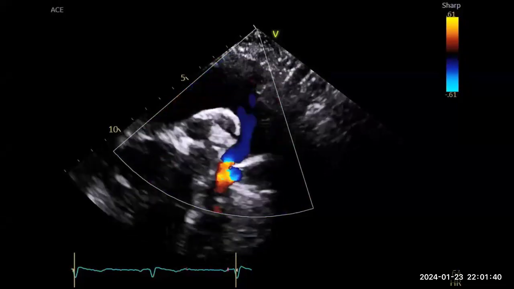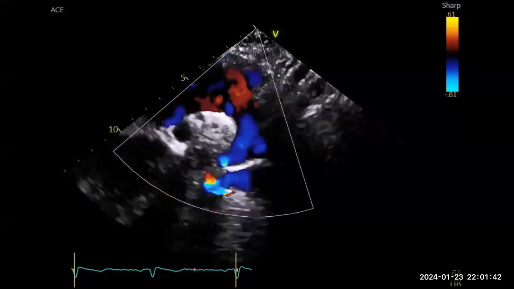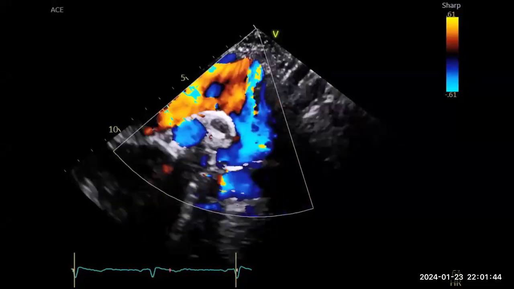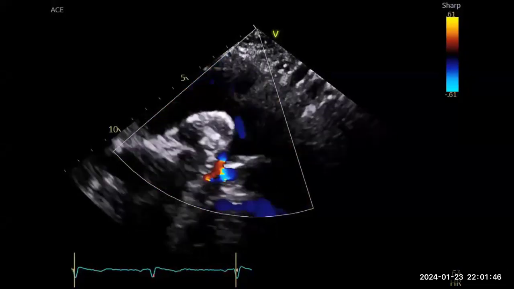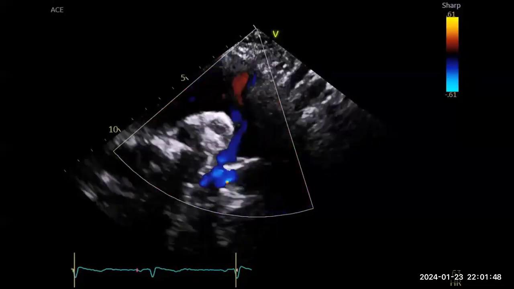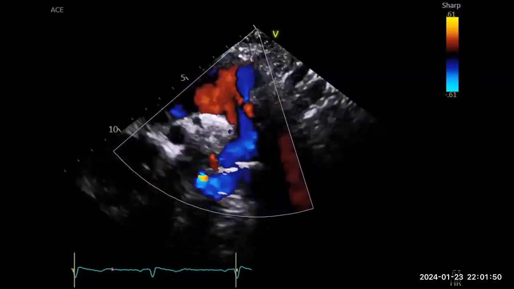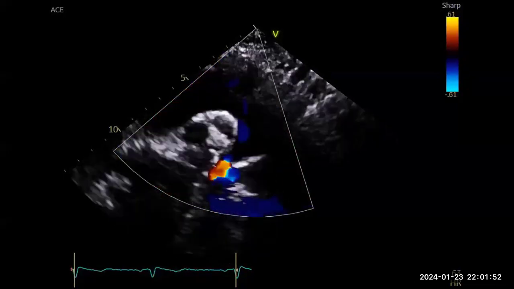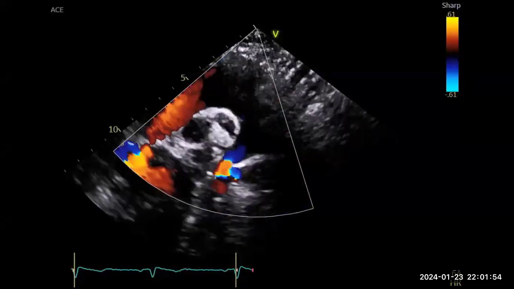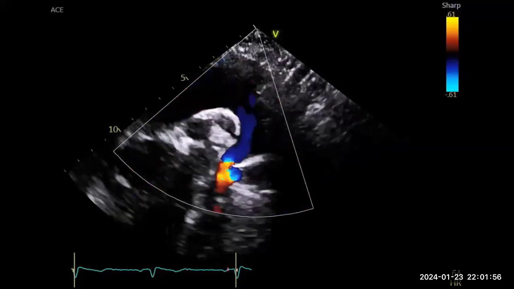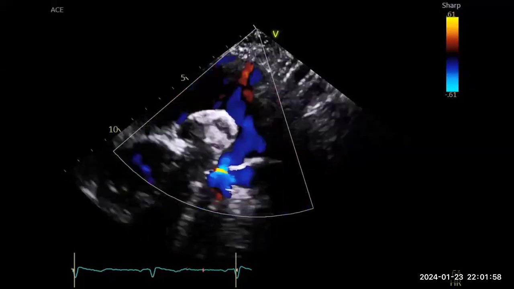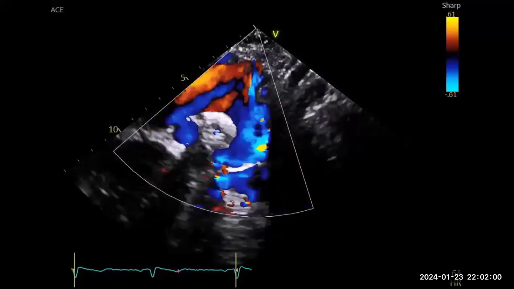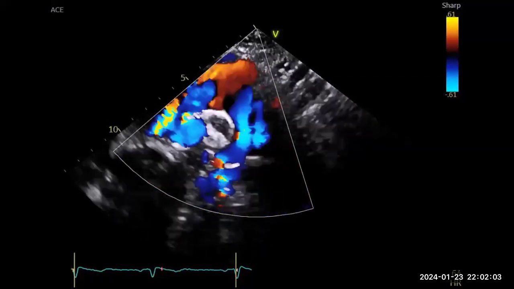Yasser? Go ahead. So this is a suprasternal view showing a stricture lesion with flow acceleration. It's showing coarctation of the aorta, distal thoracic aorta. Excellent. Again, Abdurrahim, one by one.